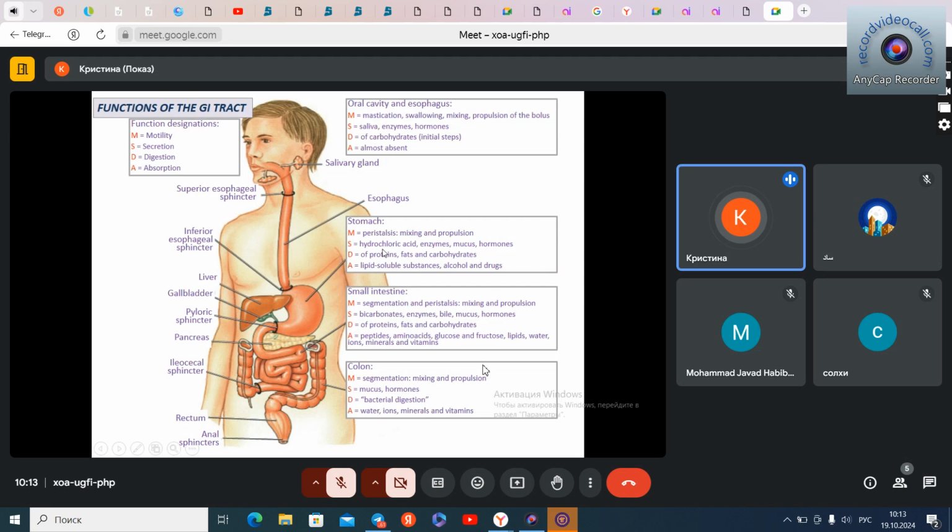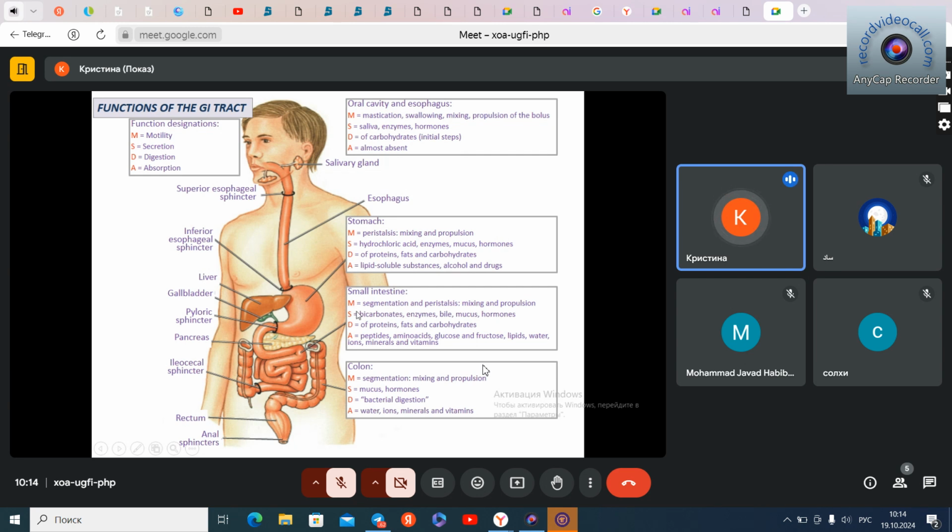The secretion here is the secretion of hydrochloric acid, which makes a very low pH level, enzymes, which serve for breaking down of proteins, mucus, and hormones are also produced here in the stomach. Function of digestion: here, the digestion of proteins, fats, and carbohydrates starts. So these organic molecules start to be broken down into smaller pieces, but absorption will take place next in the small intestine.